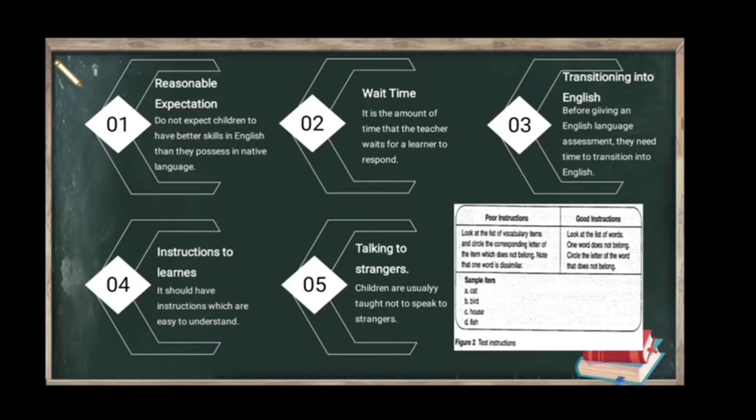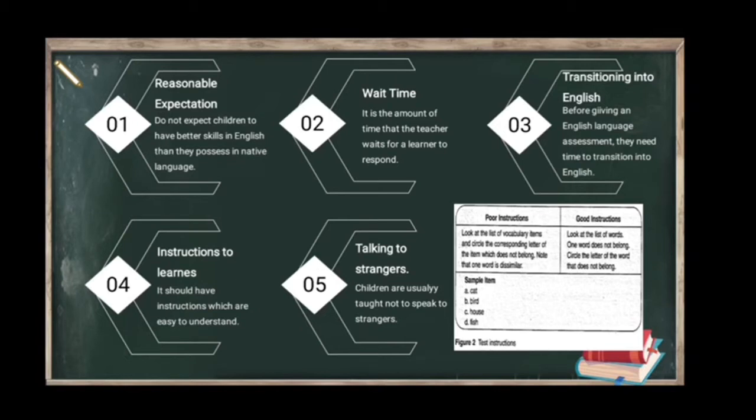For example, the poor instruction: look at the list of vocabulary items and circle the corresponding letter of the item which doesn't belong. Note that one word is dissimilar. And the example for good instruction is: look at the list of words. One word doesn't belong. Circle the letter of the word that doesn't belong.